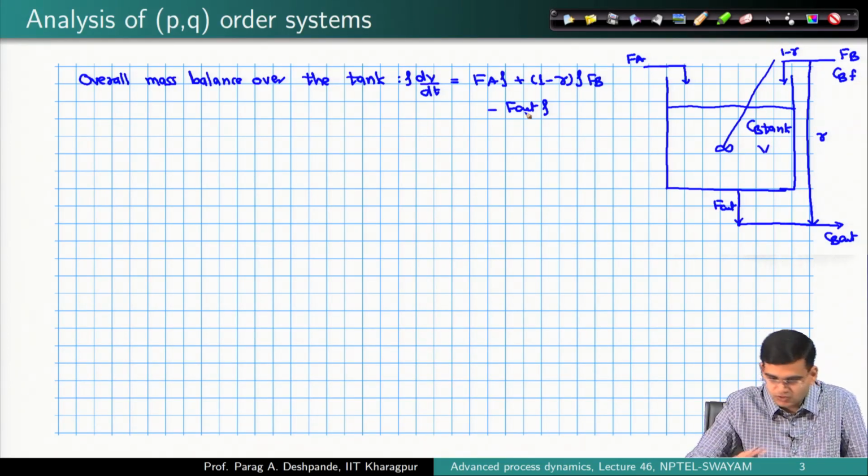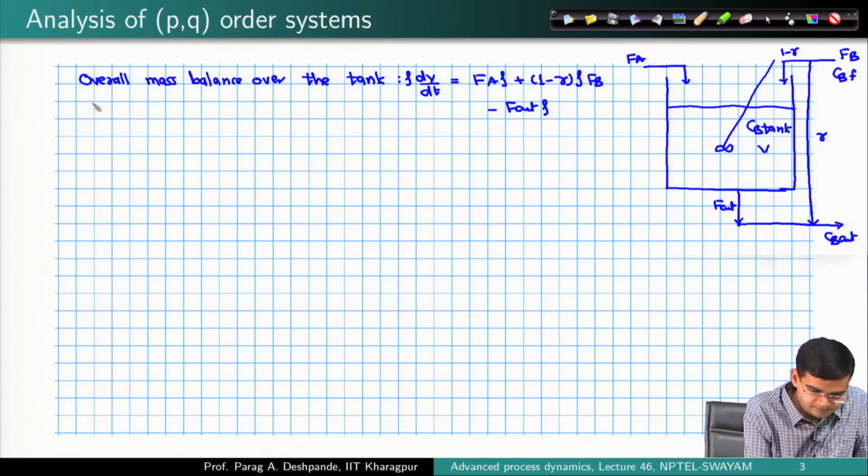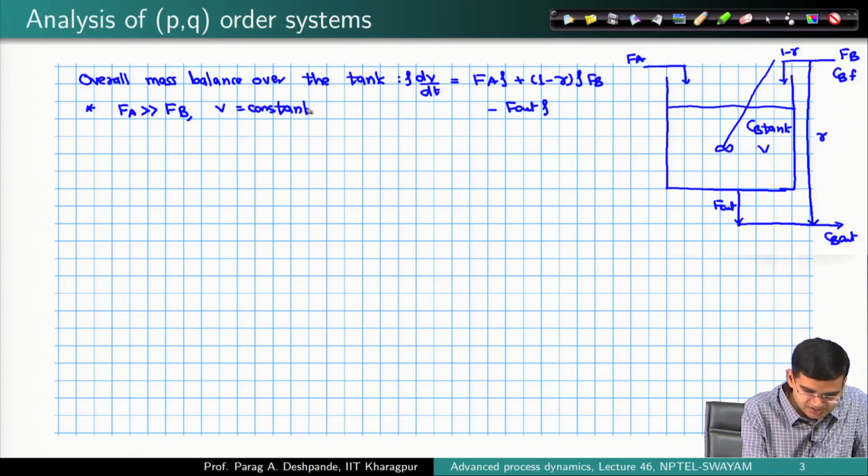Okay. Rho is constant throughout, so it will get cancelled, and for F A very large compared to F B, and constant V is equal to constant, these are the assumptions which I have made.